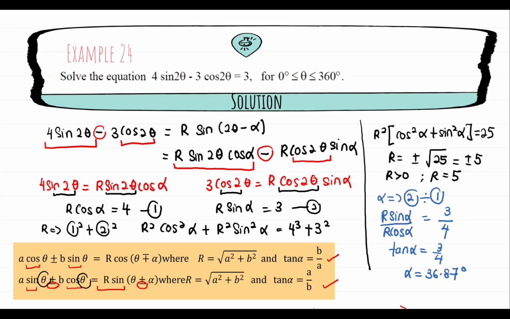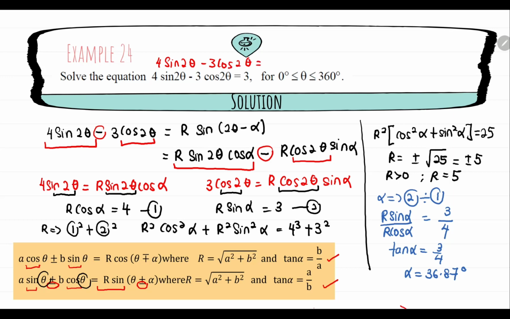Next, we are supposed to express 4 sin 2θ minus 3 cos 2θ as R sin(2θ minus α). So, at the question, okay, I'm going to write down here 4 sin 2θ minus 3 cos 2θ.